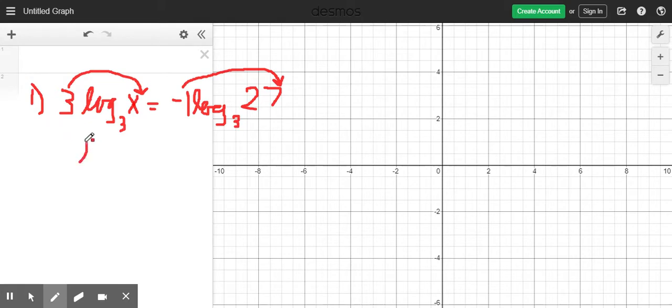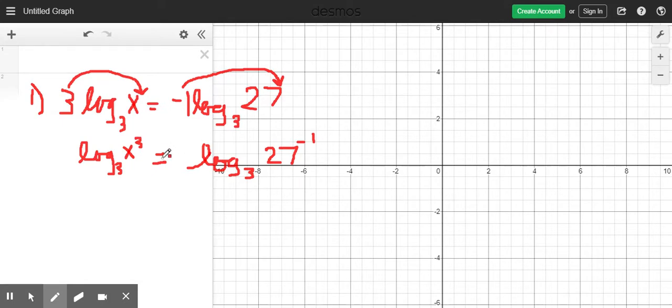So I can now rewrite this as log base 3 of x to the third is equal to log base 3 of 27 to the -1 power.